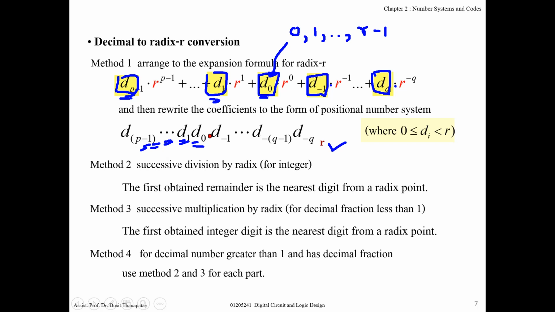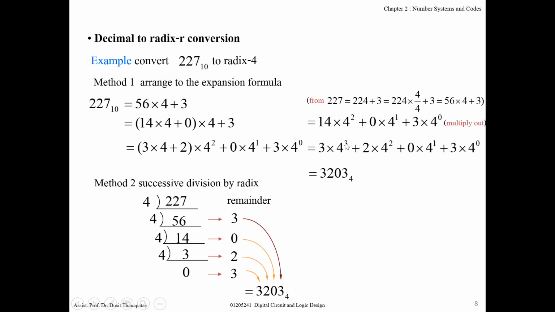Okay. For example, let's consider this one. 227. Okay. Radix 10 decimal. I want to convert to radix 4. What should I do? At first, you must write this number in this form.